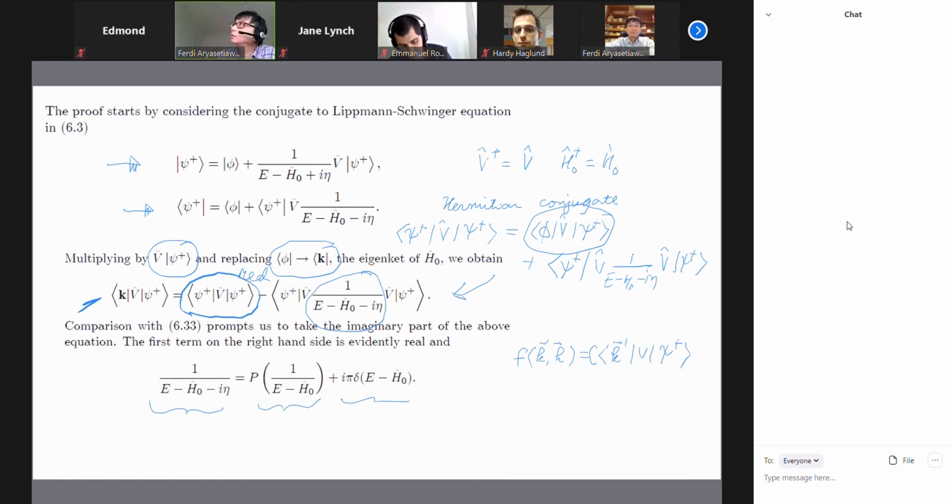So I think we did this before. So if we have a function like this, and let me put the minus eta, so that is equal to the real part plus i pi delta x.